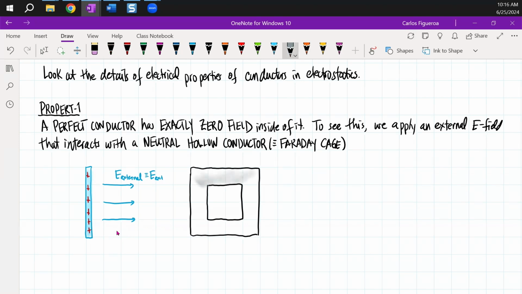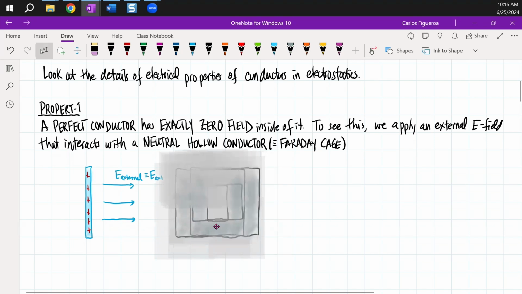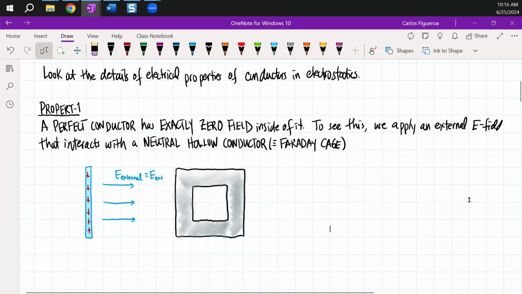Now what's going to happen is that because I have a conductor, we know that induction has to start taking place. So it's really important that you remember we start with this as a hollow, neutral conductor. So now that I have this, let's go through some steps.